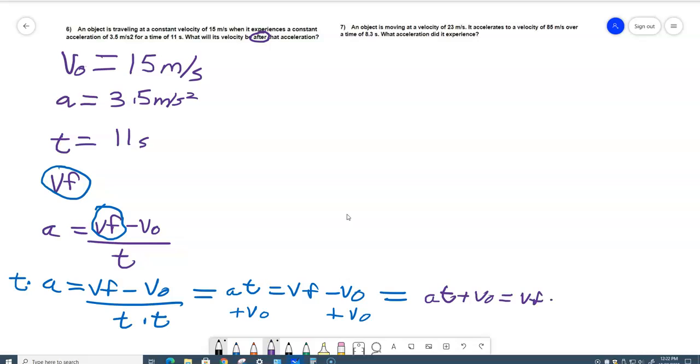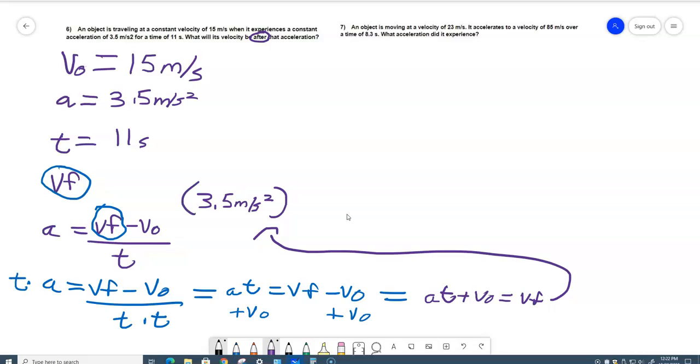Now I'm going to plug everything in, so I have 3.5 meters per second squared times 11 seconds plus, what do I need to put in? V naught, 15 meters a second.